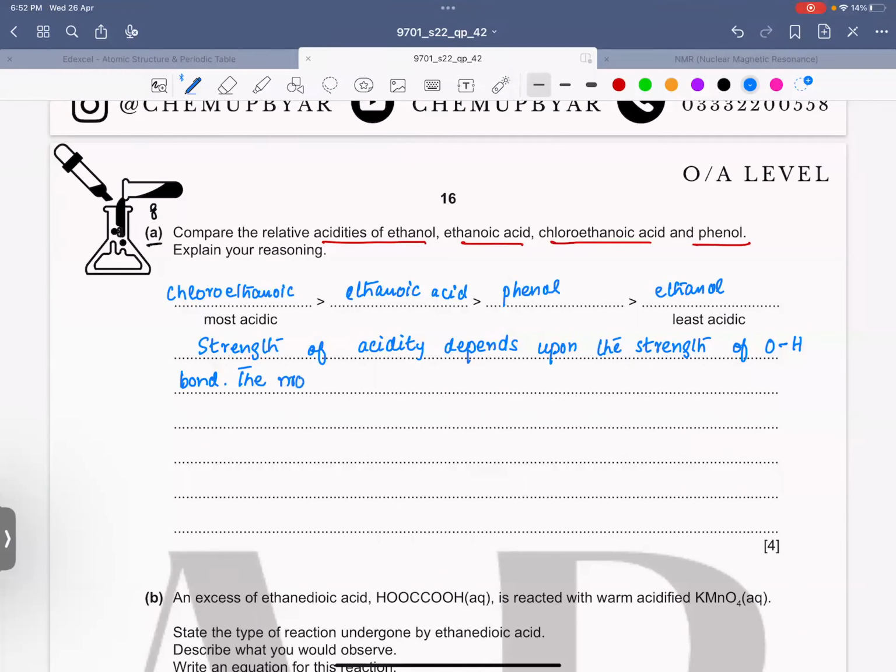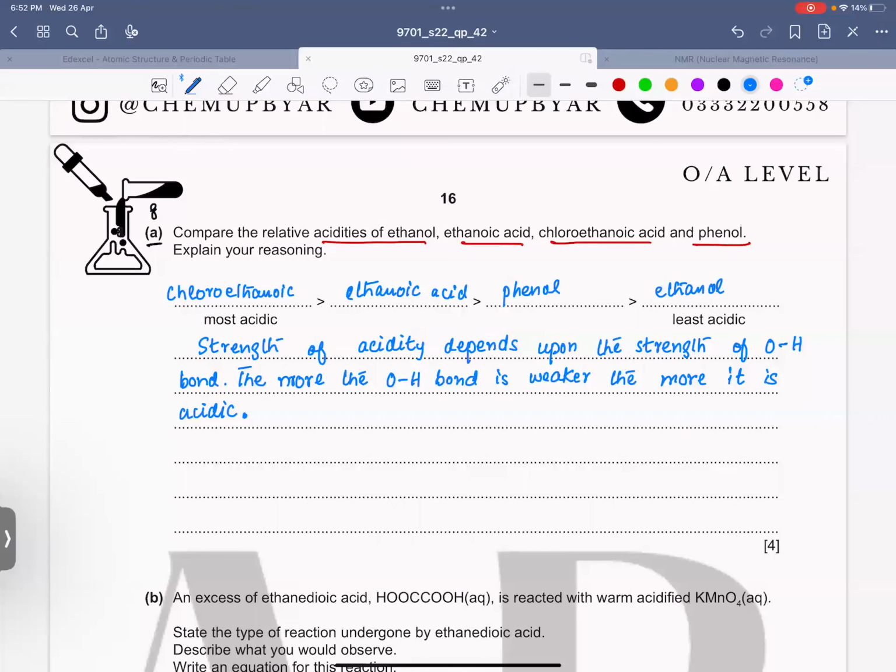The weaker the OH bond is, the more acidic it is, because the weaker it is, the more readily it produces the hydrogen ion. Are these 2 points clear? Yes, sir. Okay.